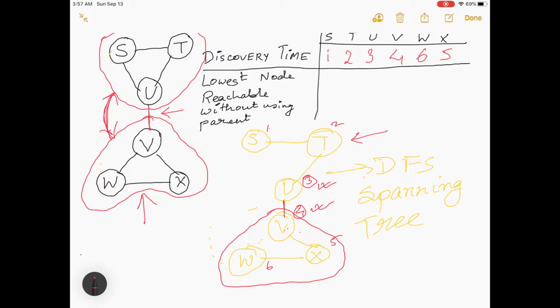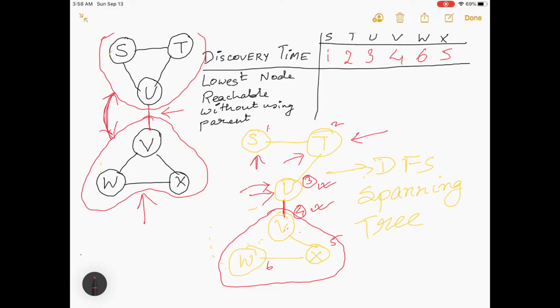If we see that V can reach a node that is at least U, or an earlier discovered node, that is S or T, then we would say that UV is not a bridge.